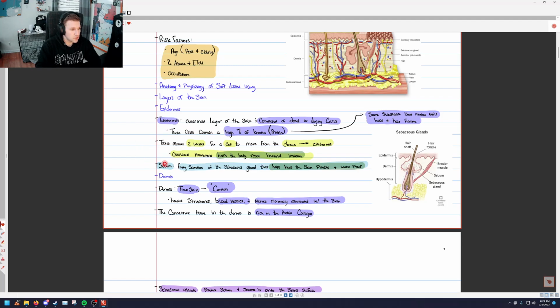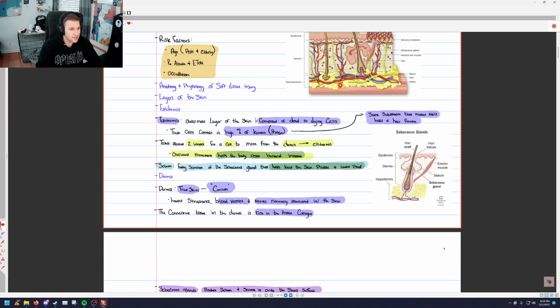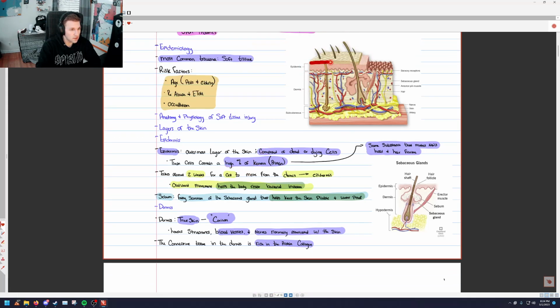So epidermis, right below that we have our dermis. To follow back up on the epidermis, there's going to be a lot of shedding and dead cells that just lay on top of the skin. In the dermis, you're going to have a lot of your vasculature that helps push all that dead skin up to the top.